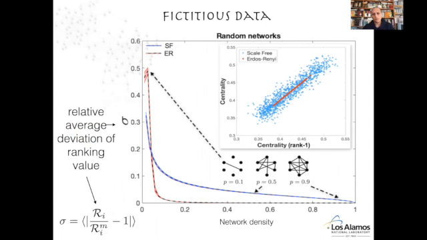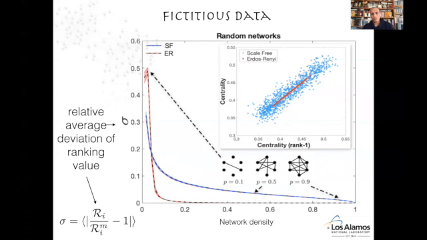And here we're plotting essentially the average deviation from the ranking value, which is a proxy for how well the model approximates the numerically evaluated ranking using the cut centrality. And what we see is that for a network density, which is equal to p for the case of Erdos-Renyi, the probability of an edge, 0.2, we already have a very good approximation, which means that essentially the ranking can be inferred from only row and column sums.